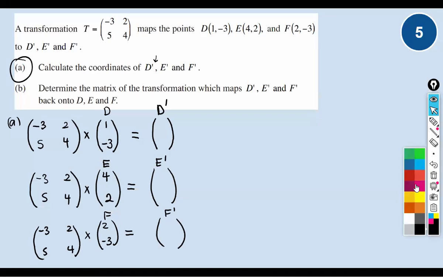So let's get the new points. I'll use a different color. All right. It'll take me a few seconds to work this out. I get a -9 here and -7 here.